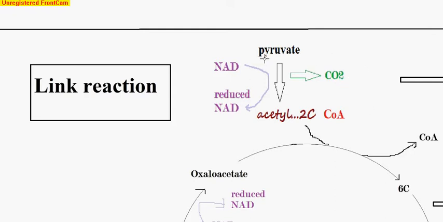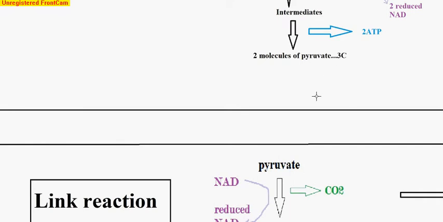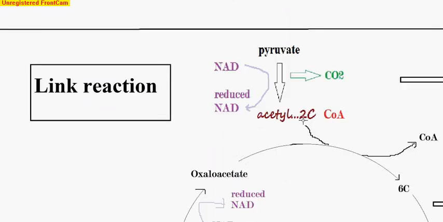So we know that pyruvate is 3C. If 1 carbon is removed, it will become 2C. So this 2C is acetyl coenzyme. Maybe this will be a little confusing. You can remove this and keep it over here. This means acetyl coenzyme with 2C.